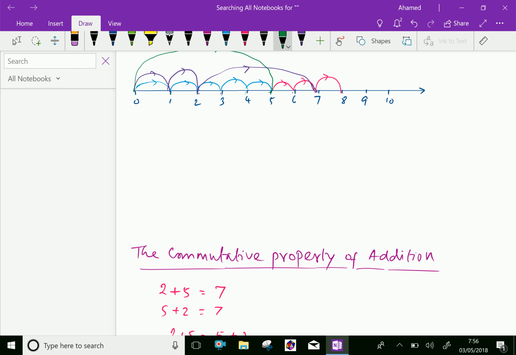Both give the same answer. So the commutative property over addition is true.